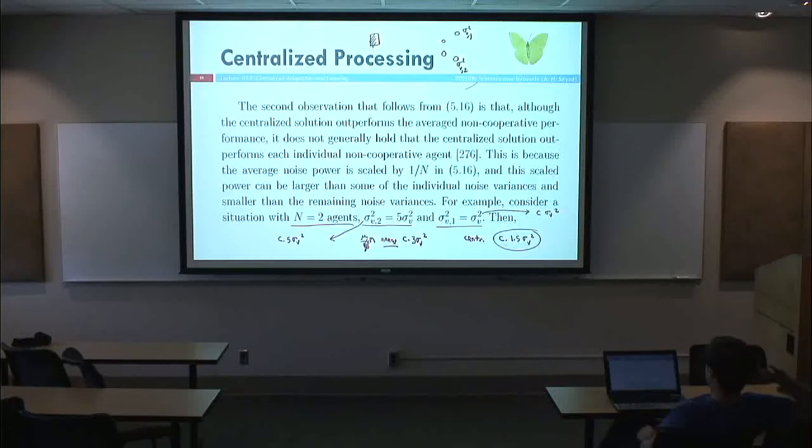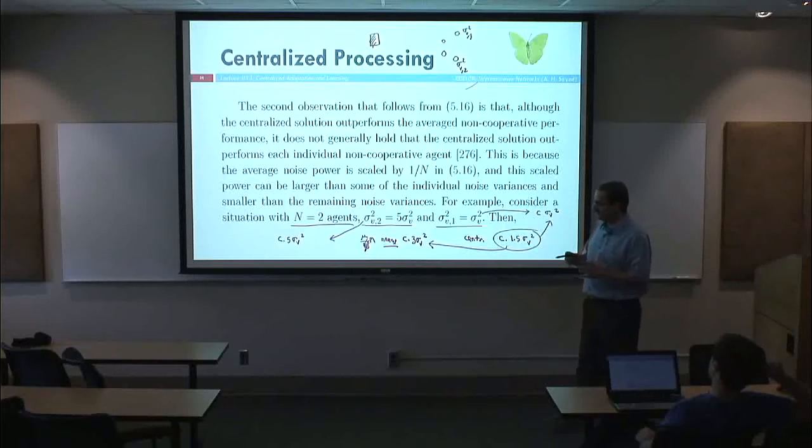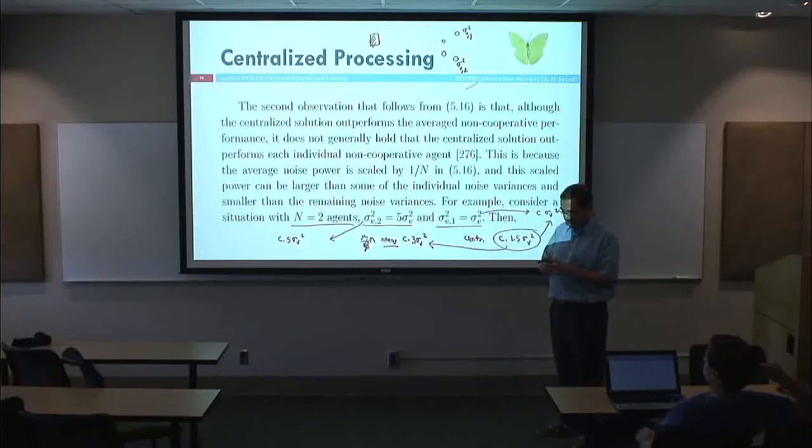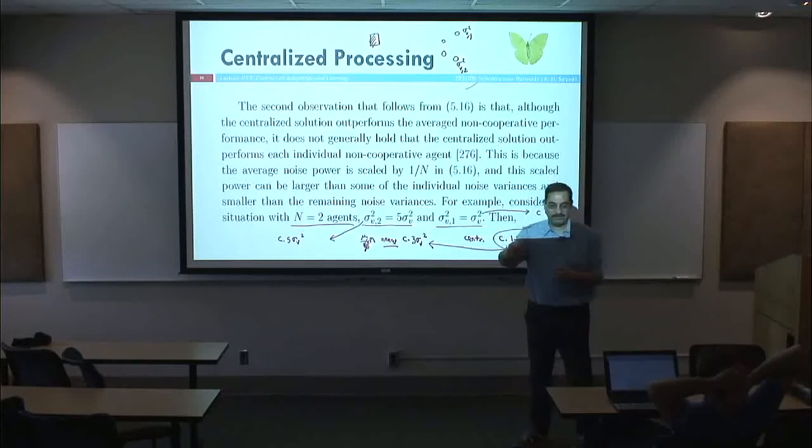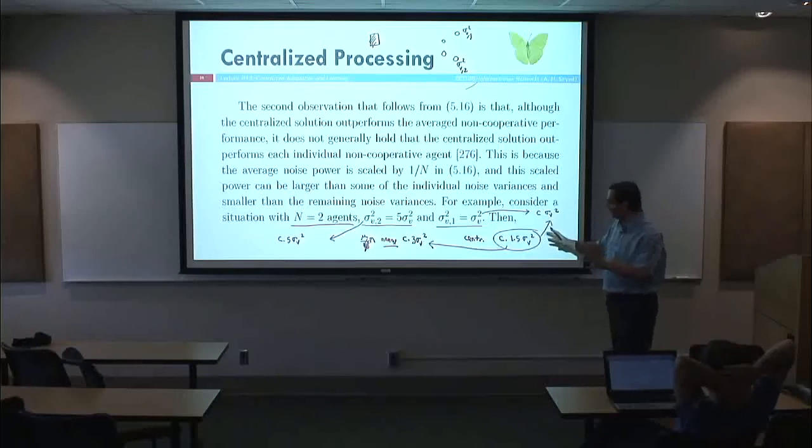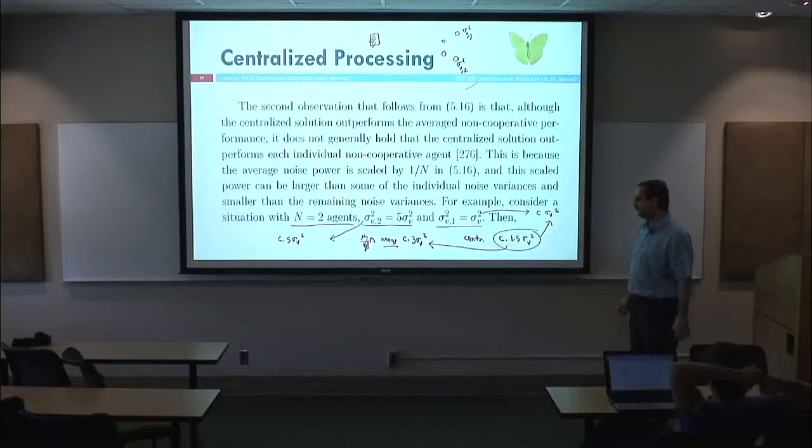So you can see that the centralized solution is always better than the average non-cooperative, but it can be worse than some individual agents. So it's not always true that this centralized solution will perform better than every individual non-cooperative agent. On average, the performance will definitely be better.